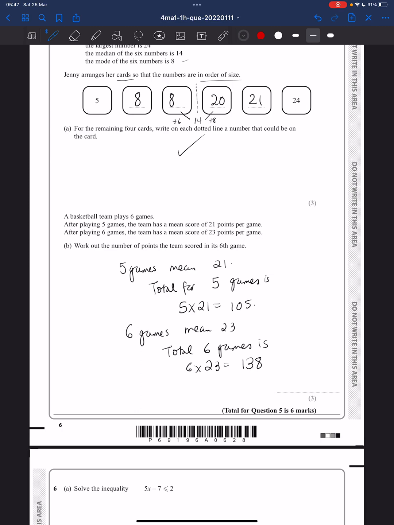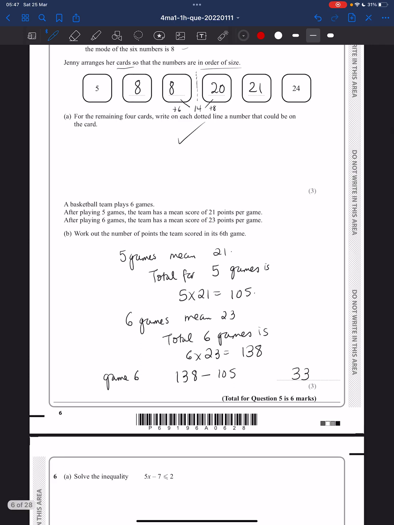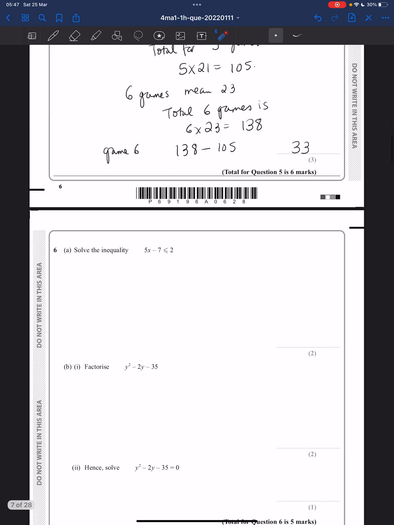Okay, so the last game, so game 6 is 138, take away 105, which is 33. Okay, so I did well that. Just checking my stuff here, checking my 5 times 21, 105, 6 times 23, 138, and the difference is 33.